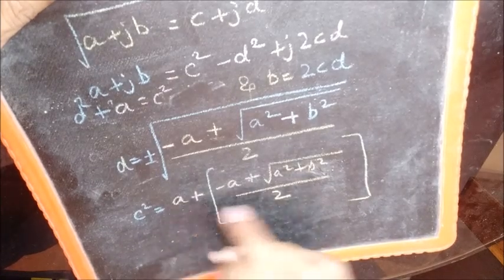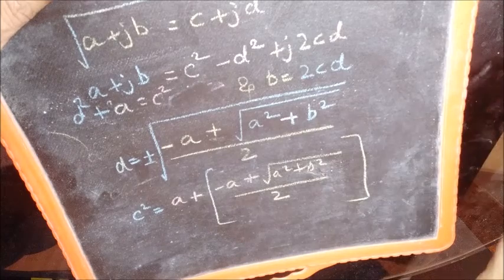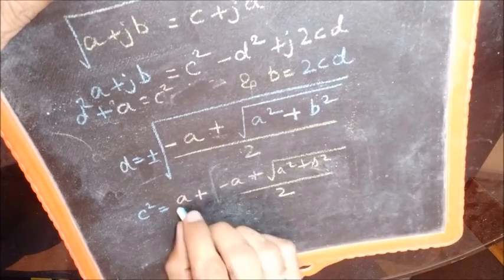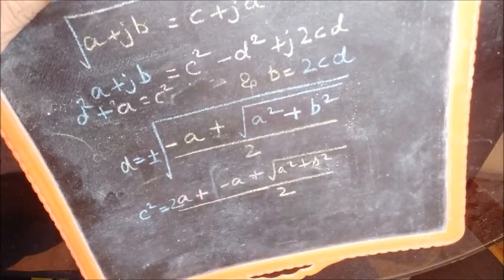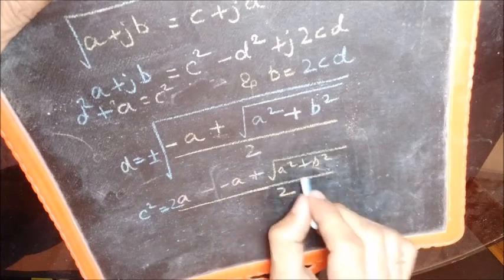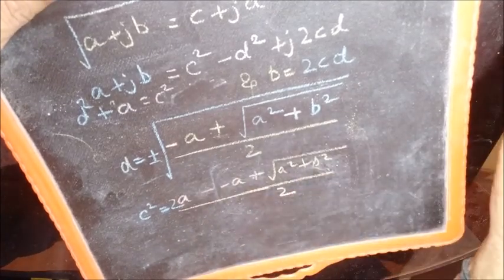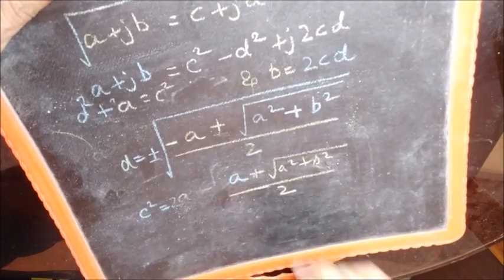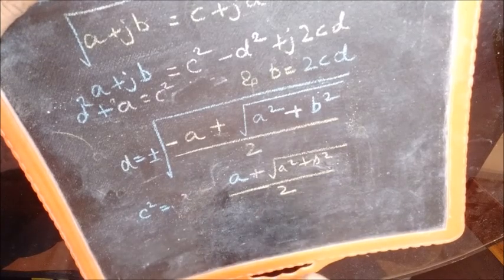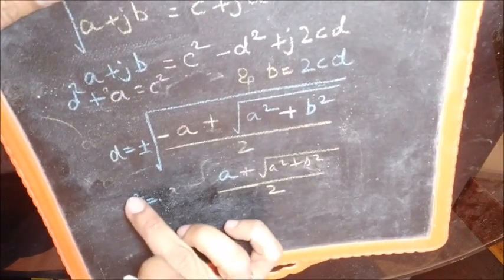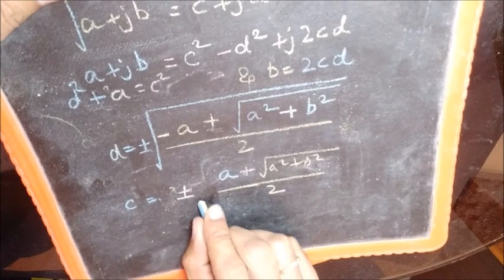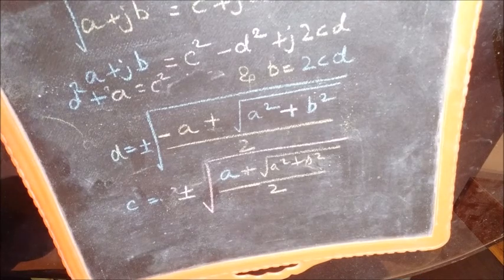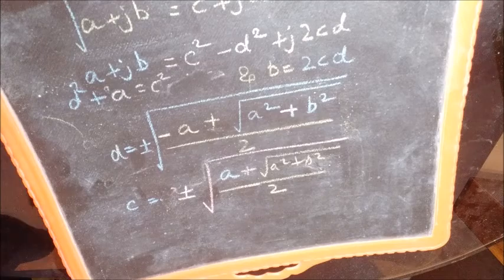And when we add these two, you will end up getting 2a minus a plus root of a square plus b square by 2, which becomes a plus root of a square plus b square by 2, that is equal to c square, which means that c is equal to plus or minus square root of a plus root of a square plus b square, the whole divided by 2. So this gives us the result.